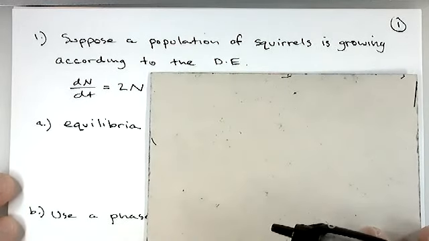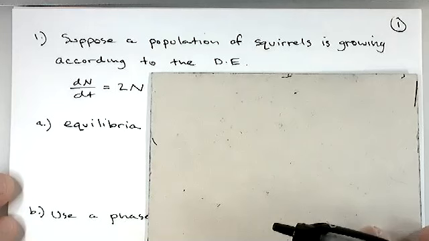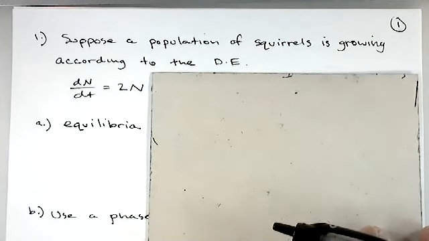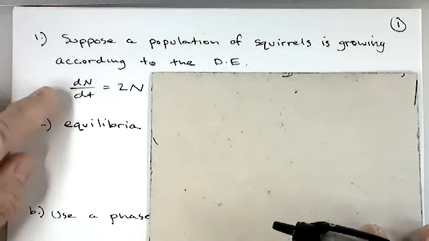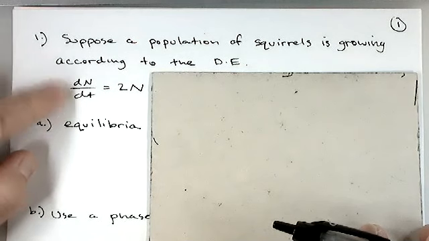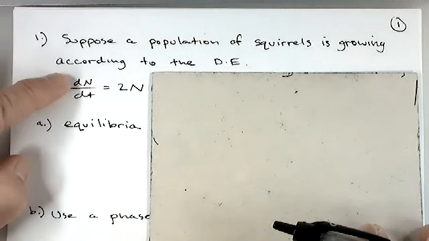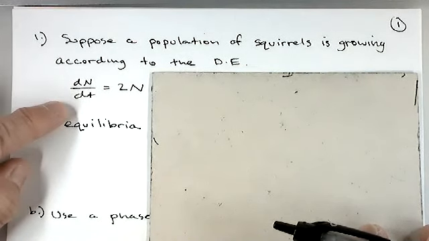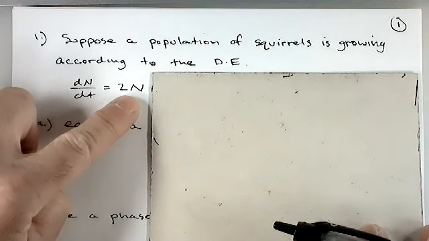I'm going to cover this up for a second. If that's how the squirrels were growing, without the other terms, who remembers what kind of growth that would describe? If it was just dN/dt equals 2N. One way to think about that is that dN/dt is the rate of change. The change in the population each unit of time is double the population size. N is the population size.